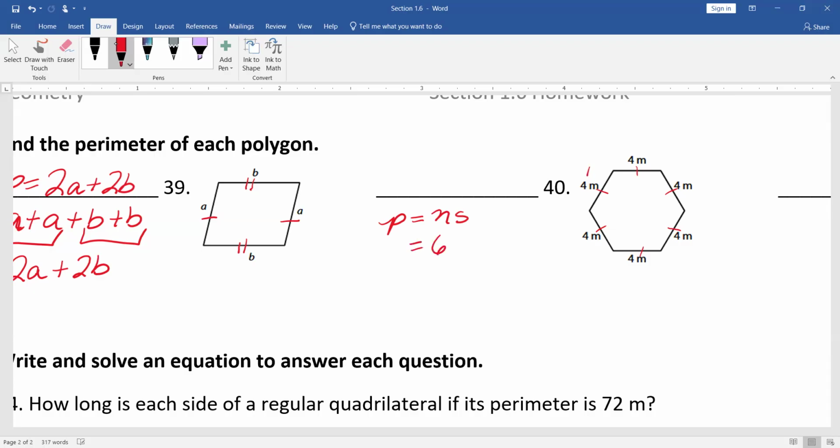So that's 6 times the side length, which is 4 m. I wonder if that's meters. We'll just say that's meters. So that's a unit, not a variable. So this is 6 times 4. So the perimeter is 24 meters. So we have an exact answer for that one.